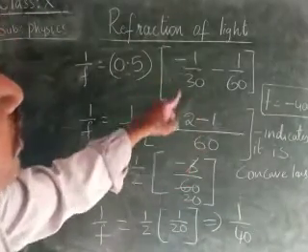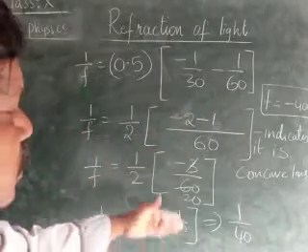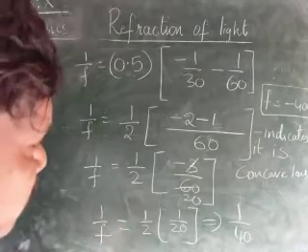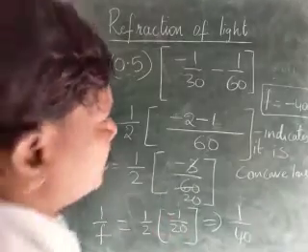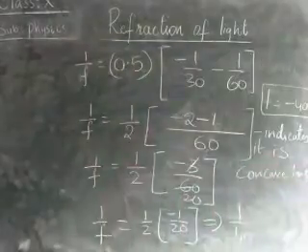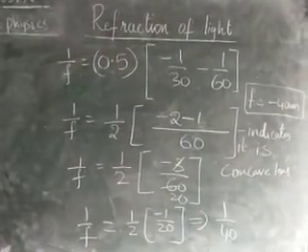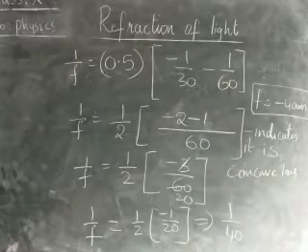Minus 2 minus 1 is minus 3. Minus 3 by 60 is minus 1 by 20. If we calculate, we get f is equal to minus 40 centimeters. Okay, right. This is about the problem.